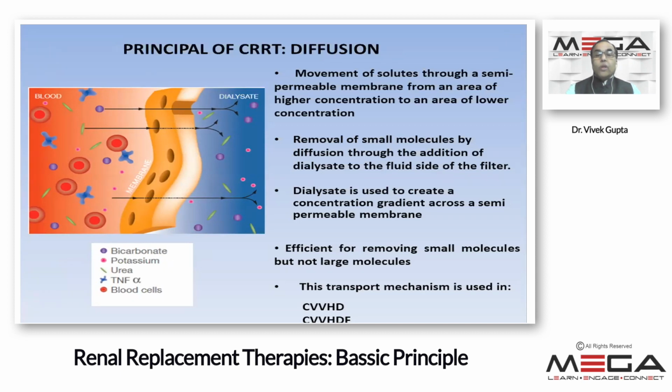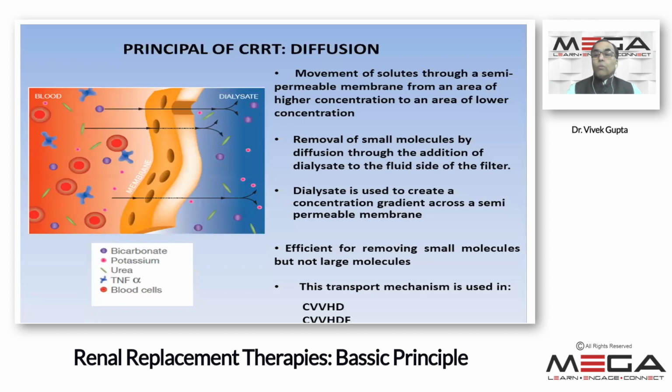Taking them one by one, diffusion is basically movement of the solute through a semi-permeable membrane from a higher concentration to a lower concentration. And with this, we can remove small molecules, like urea and potassium. Basically, when there is a semi-permeable membrane, on one side there is blood and on the other side there is a dialysis solution.